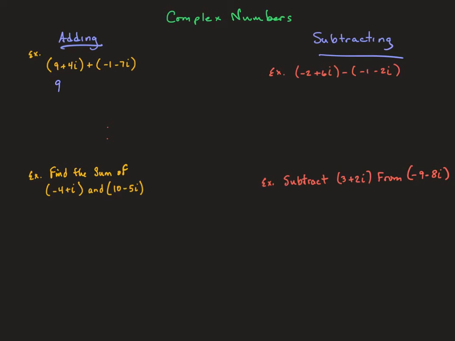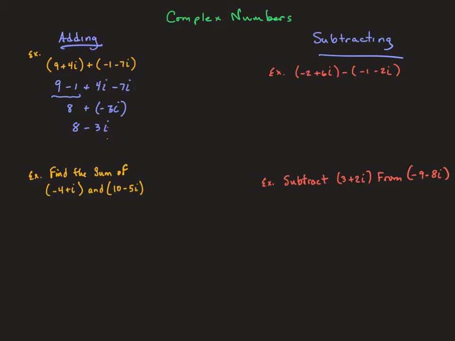We're going to group our real numbers together, and then group our imaginary numbers together, and then combine like terms. I'm going to have 9 minus 1, which gives me an 8, plus 4i minus 7i, which gives me a negative 3i, so it would be 8 minus 3i.